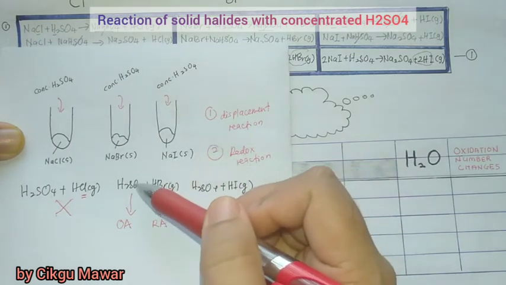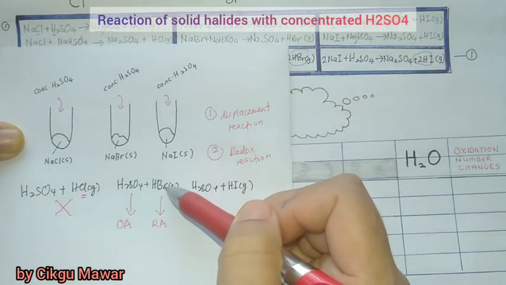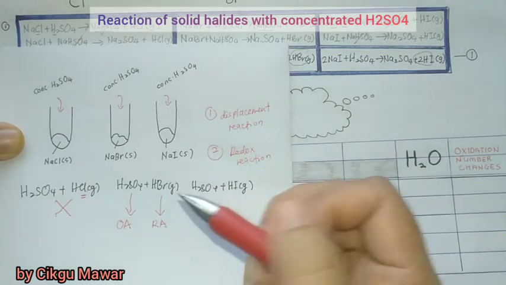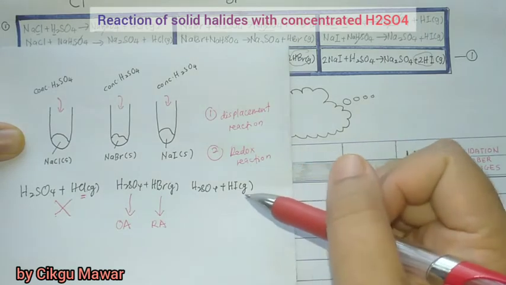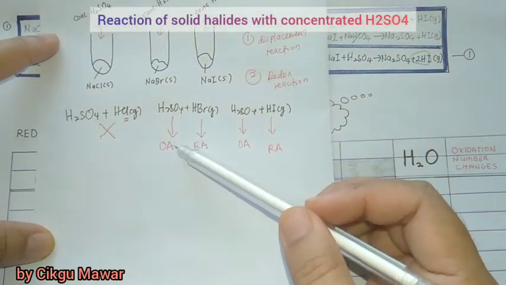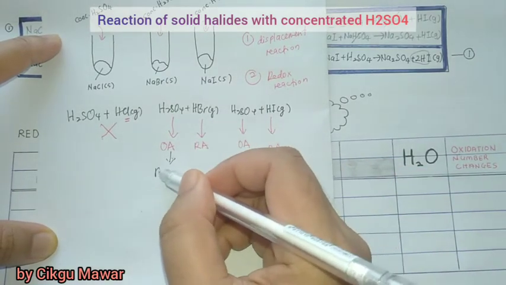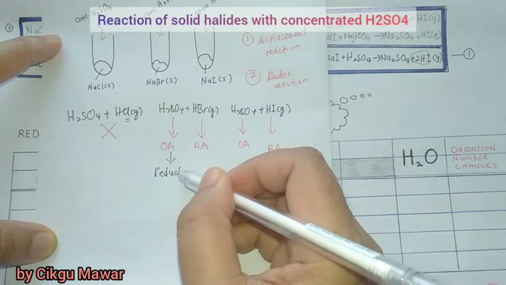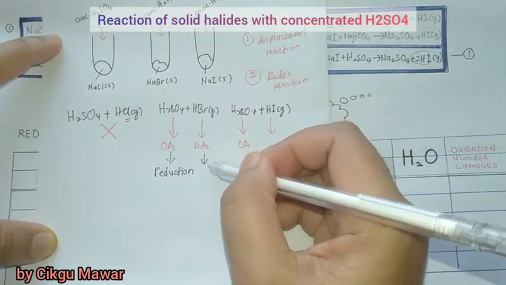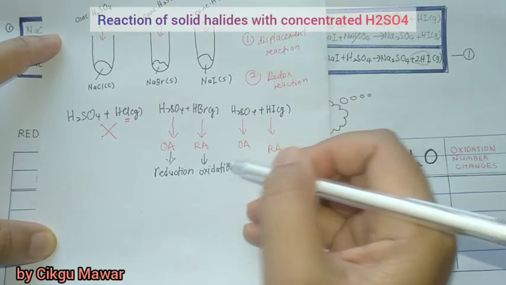Meaning that this oxidizing agent will oxidize the bromide to form bromine. The same goes for iodide. So for sulfuric acid, the process that occurs is a reduction process, while for the halide, the oxidation process occurs.